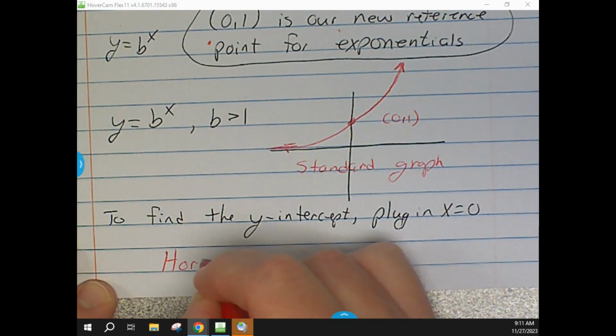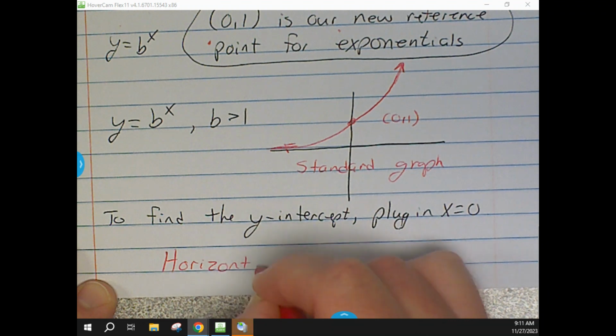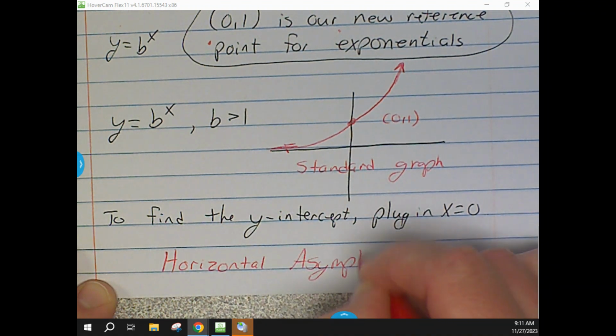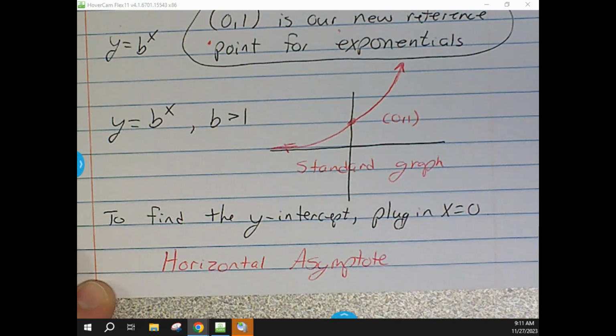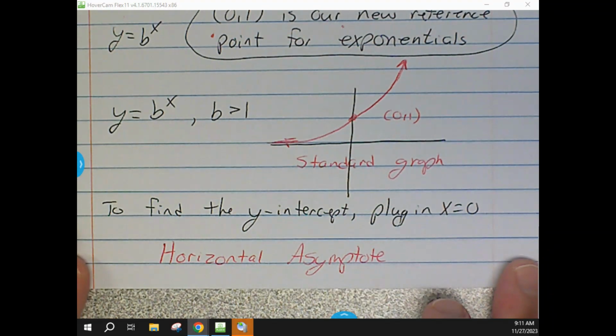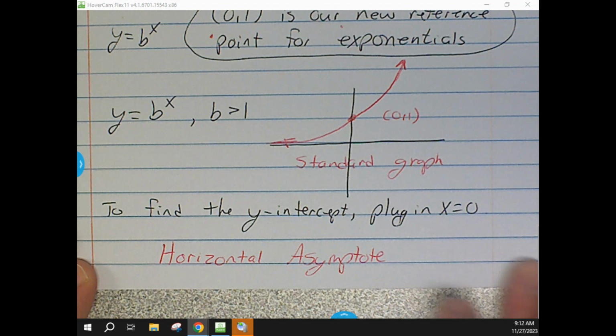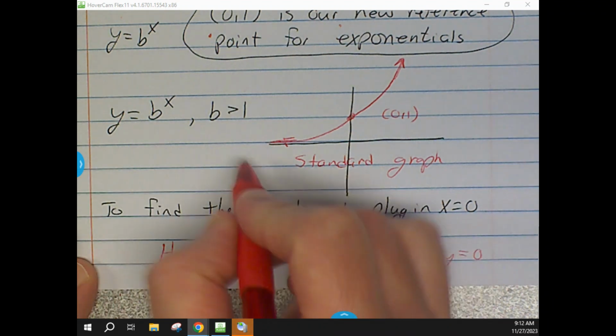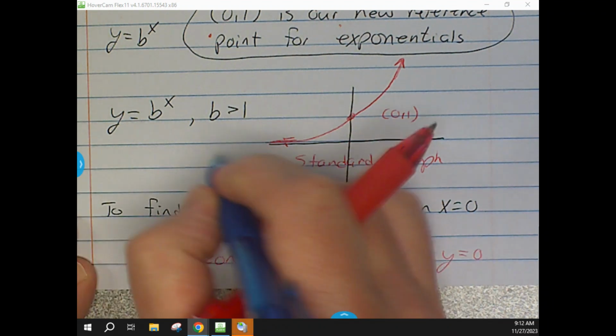And something that we will talk about very shortly is horizontal asymptotes. For this equation that we've got here, we're going to say there's a horizontal asymptote at y equals 0, which basically means this answer is going to get really close to 0. But again, it doesn't quite get there.